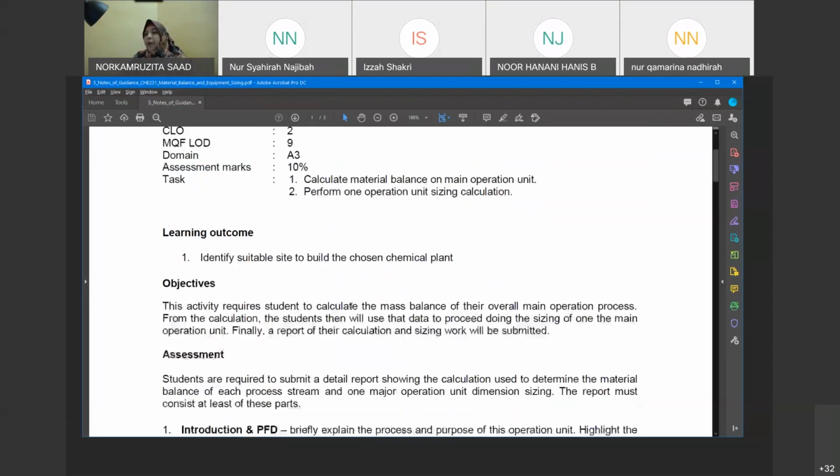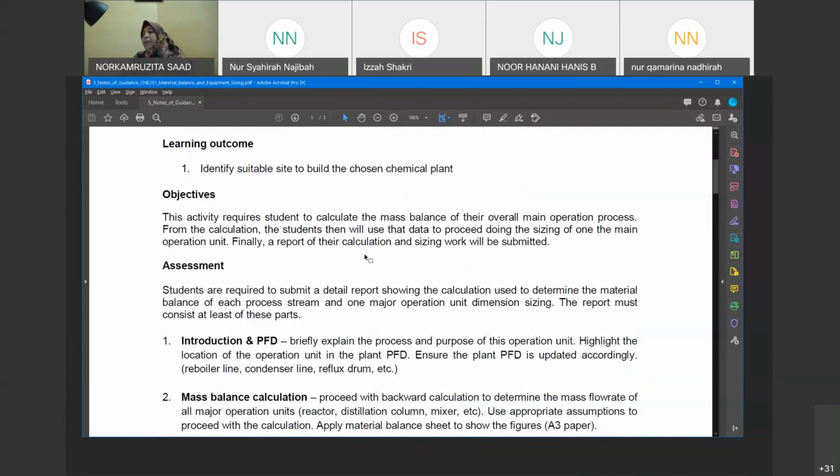So bear in mind, we are referring only to mass balance without any reaction. So no reactor in this particular part.